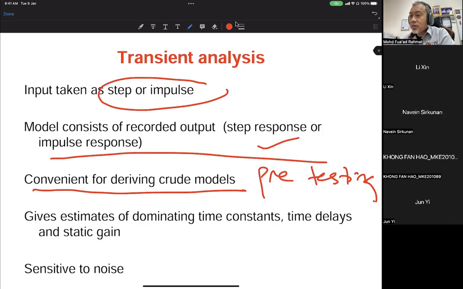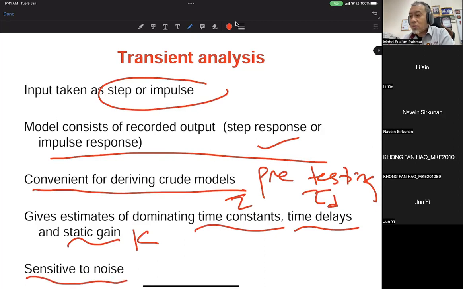So it will use some of the important time specifications, which are the time constant, time delay, and static gain, symbolized as tau, tau d, and K is the gain. And this is very sensitive to the surrounding noise.